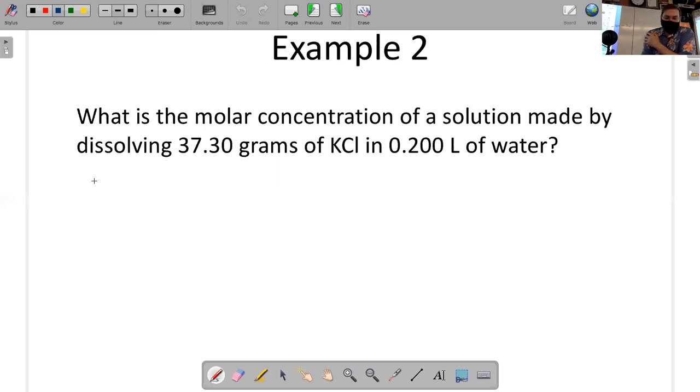So the first thing you can do is, for potassium chloride, take the mass of potassium, 39.098 grams per mole. You might have a different mass on your periodic table. Chlorine's 35.45.